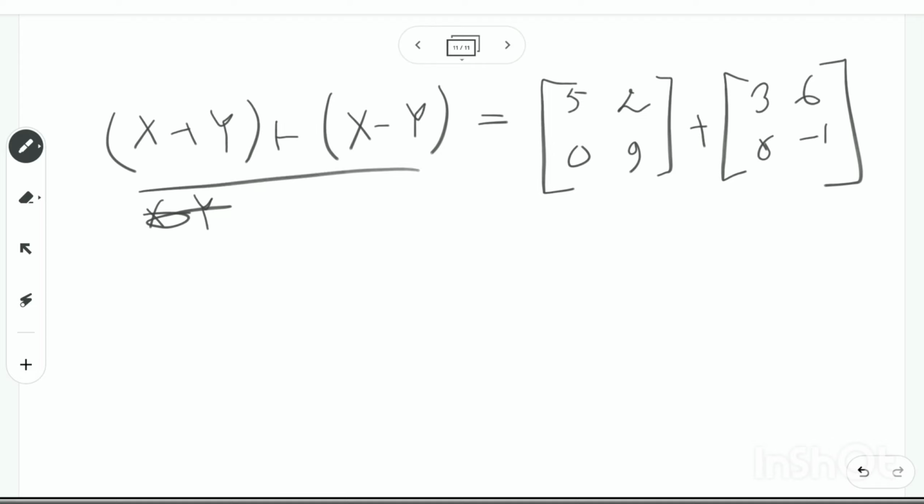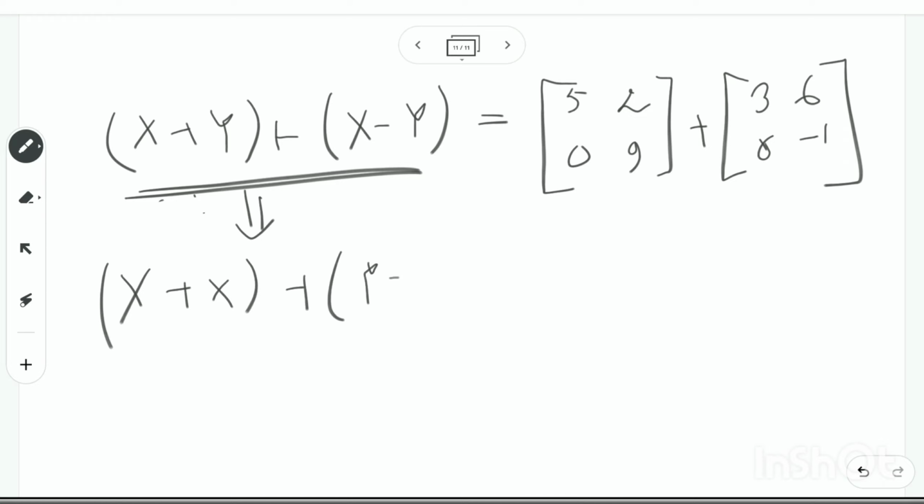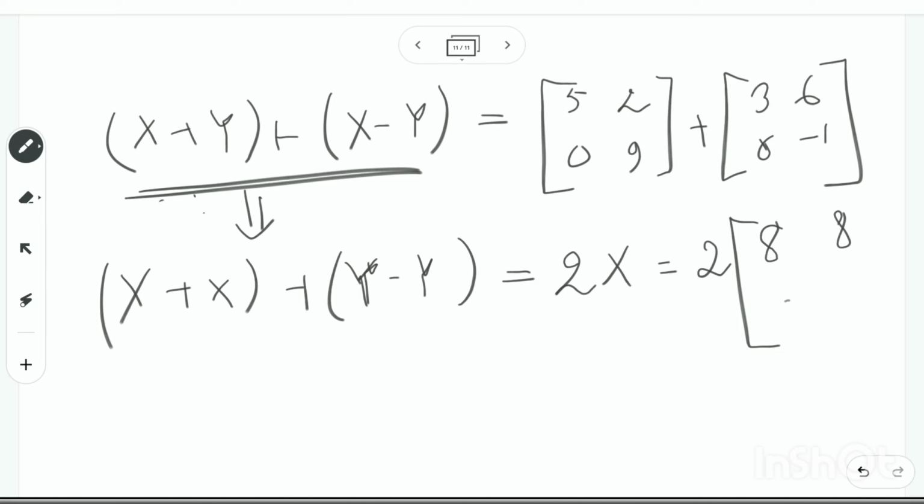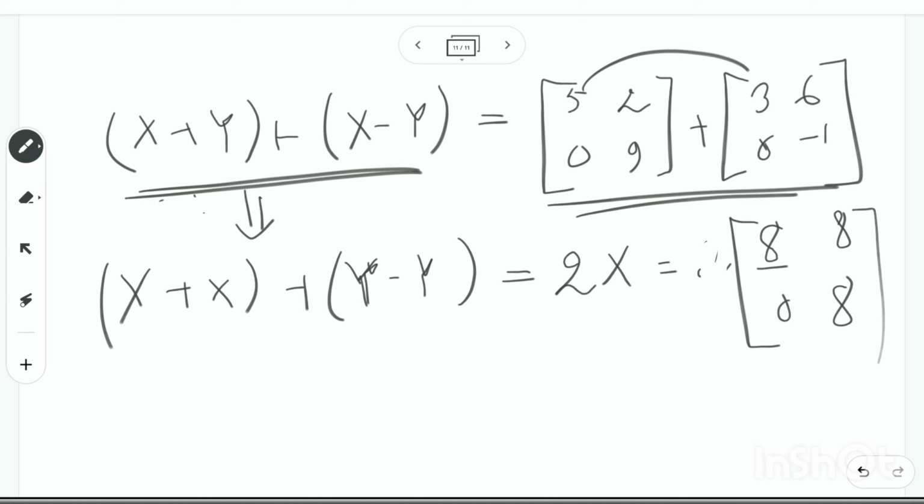If we expand this side, we get x plus x plus y minus y, which equals 2x. On the right side we add: 5 plus 3 is 8, 2 plus 6 is 8, 0 plus 0 is 0, and 9 minus 1 is 8.